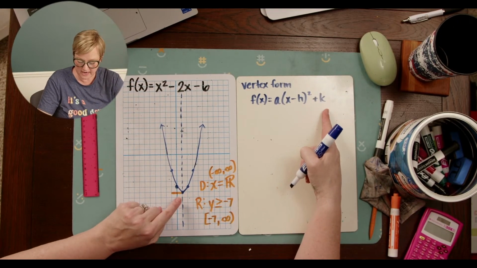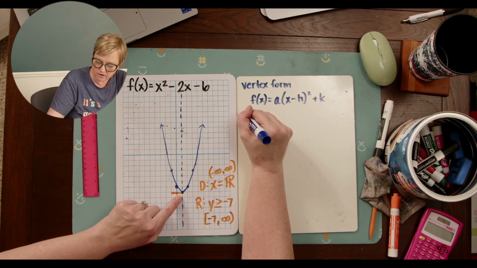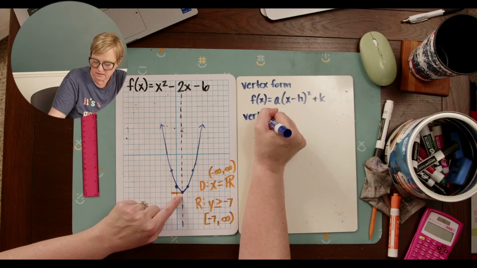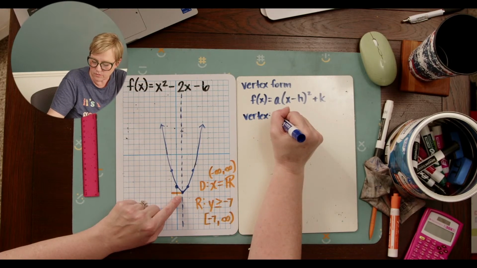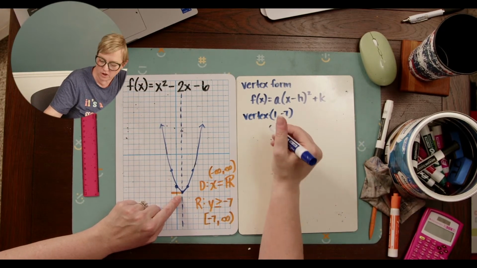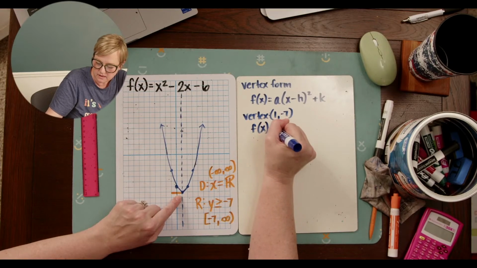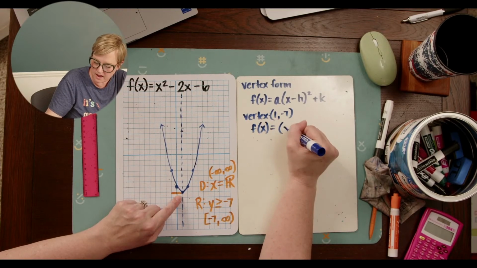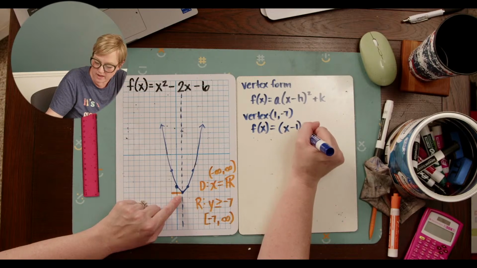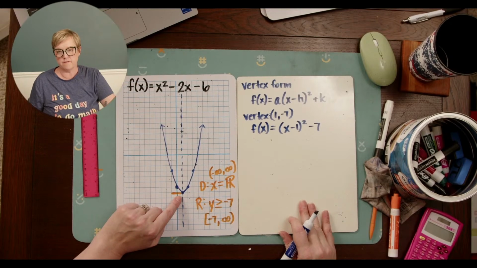So in this case, our vertex was at 1, negative 7, right? Our a is 1, and so our vertex form would be f of x equals x minus 1 squared minus 7. So that would be my vertex form.